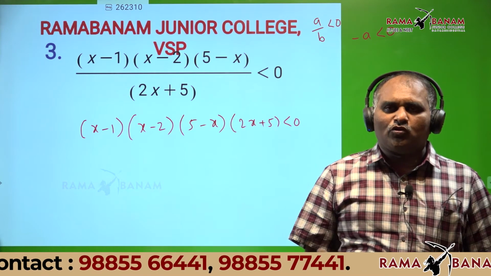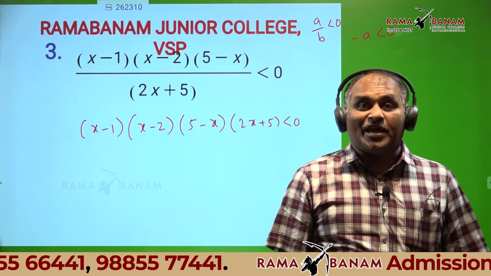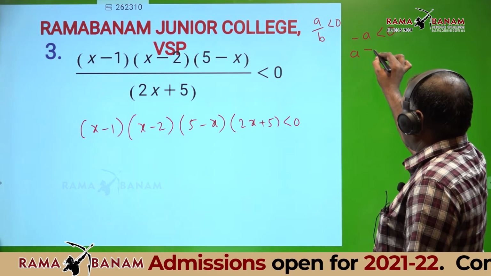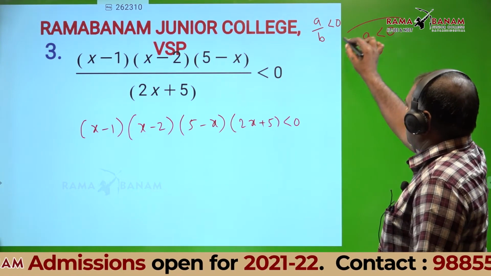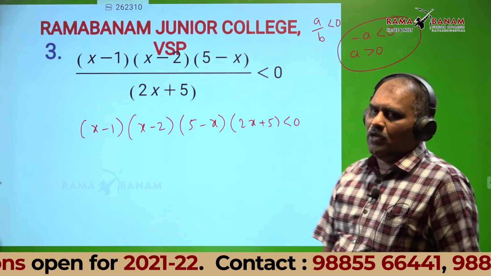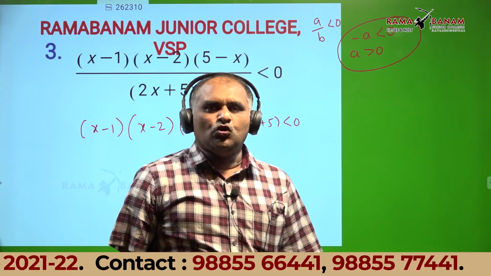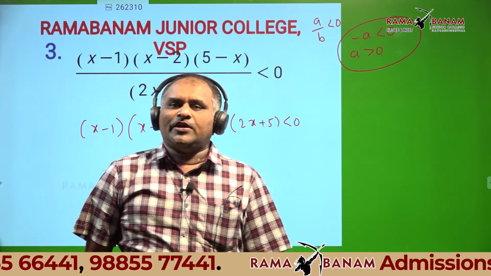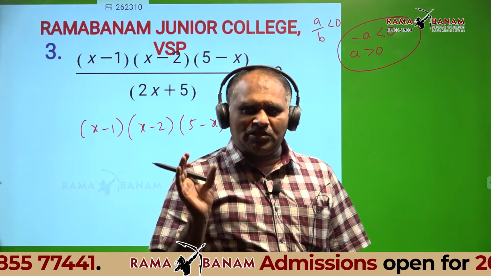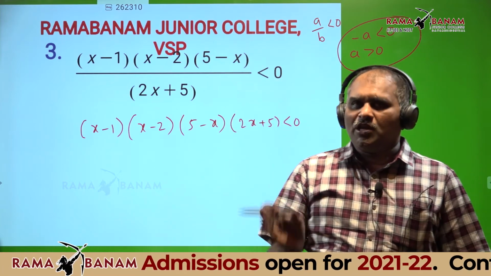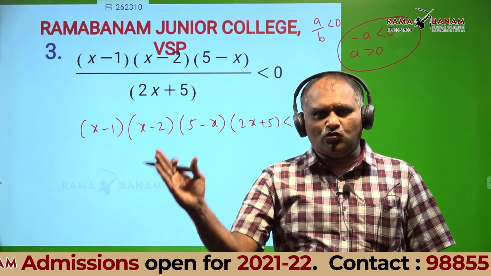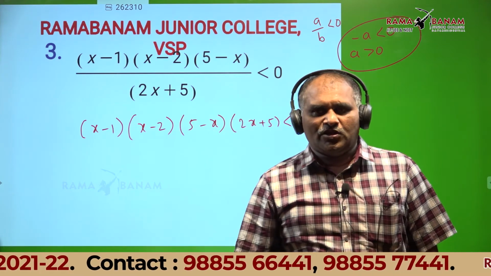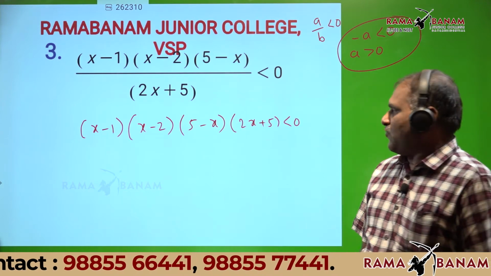Multiplying with a negative, the inequality always changes. Therefore, a is greater than 0. Remember that point: in inequalities, when you multiply with a negative, the inequality changes. Less than changes to greater than, and greater than changes to less than. This is the point. Listen.